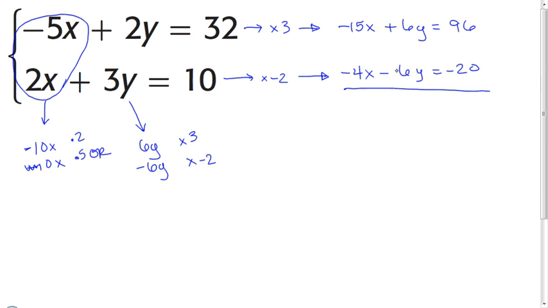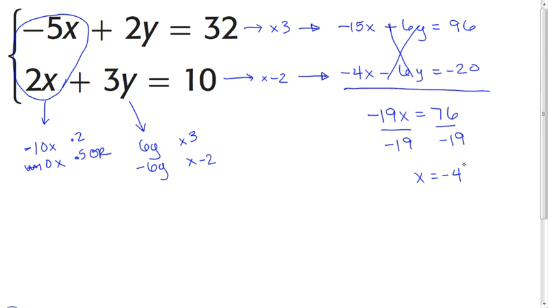Now that I've got these opposite coefficients, when I add the equations together, these will add up to 0. And so when I add here, I get negative 19x equals, and when I add these, I get 76. Dividing both sides by negative 19 gets me that x has to be negative 4.